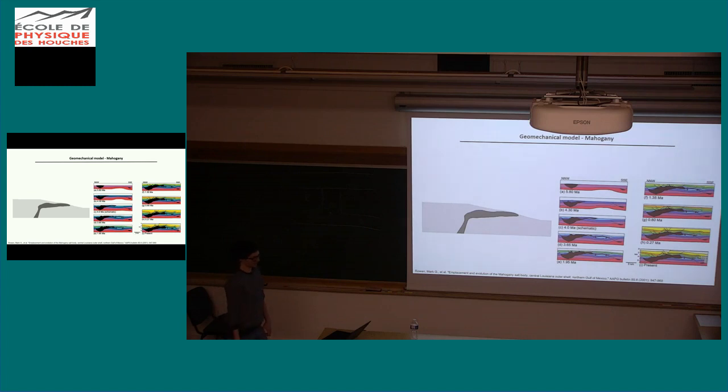What they did is interpret seismic horizons together with biostratigraphic data to come up with an idea of how the Mahogany salt body evolved in time, based here just in 2D along one seismic profile. And on the left side again our model. In the very bottom right you see how they interpreted the Mahogany salt body looks right now.